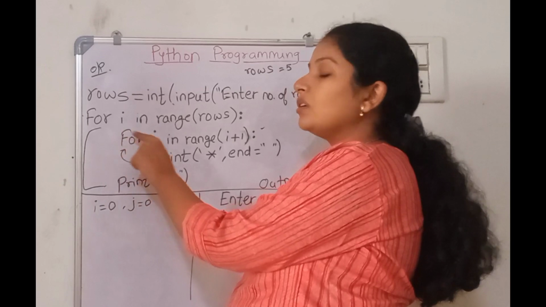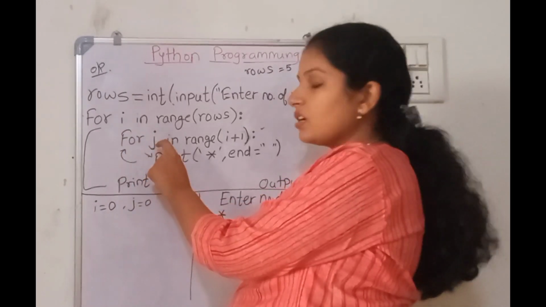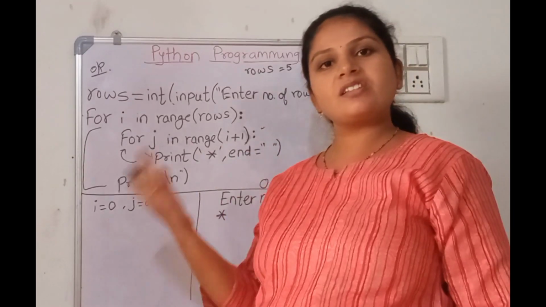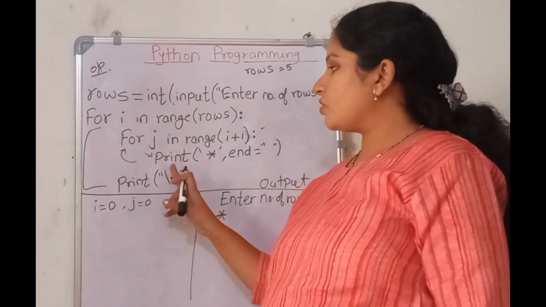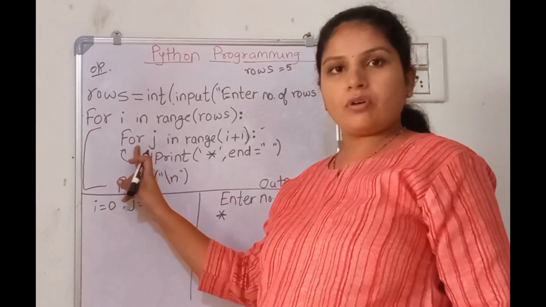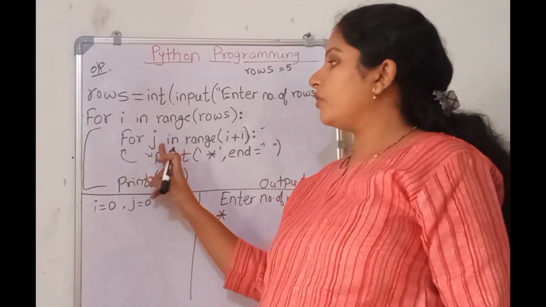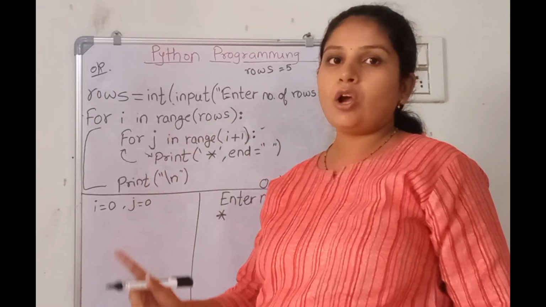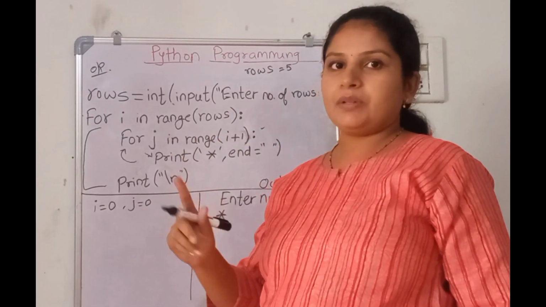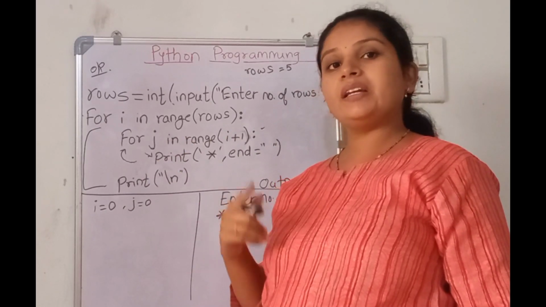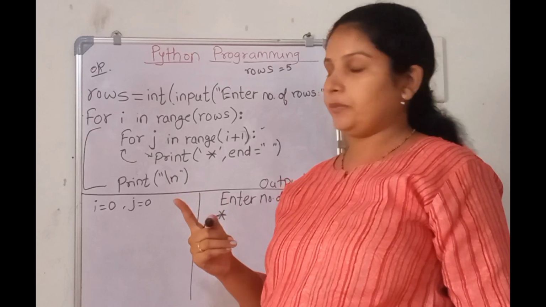We are going to the inner for loop first, which is j. And as we discussed in the last session, when you return back to the for statement, your variable value will be automatically incremented by 1. Here j plus 1.